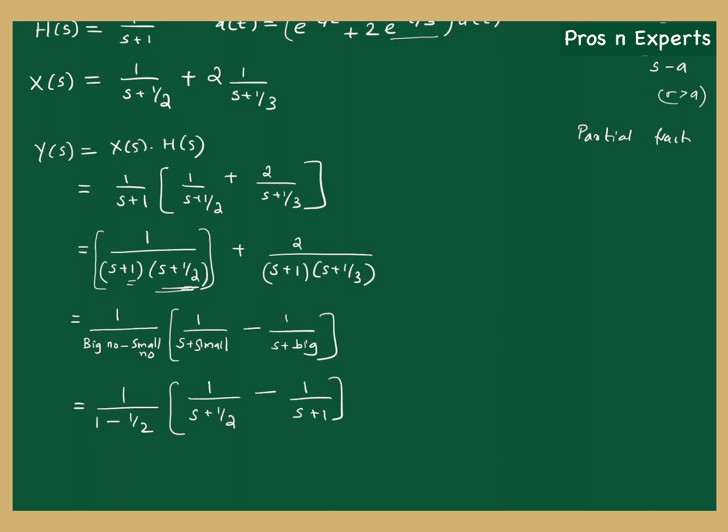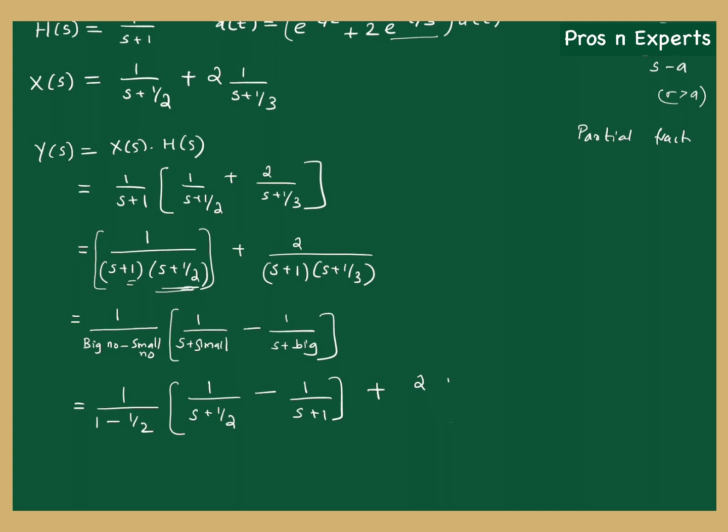This is the partial fraction expansion for this term alone. Plus 2 into, in a similar way I can make the partial fraction out of this term also. So again I can guide you through this.